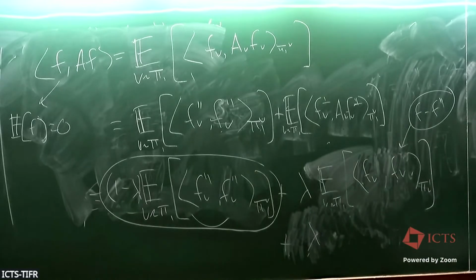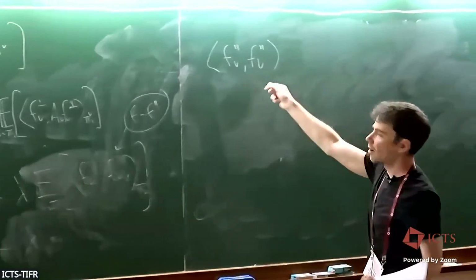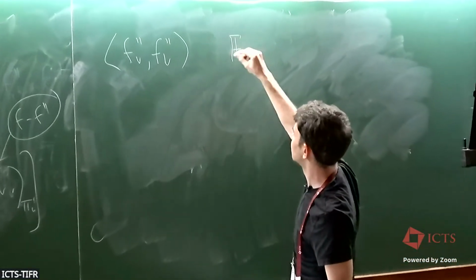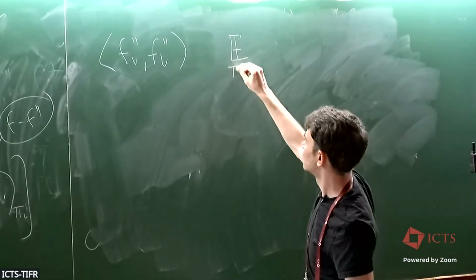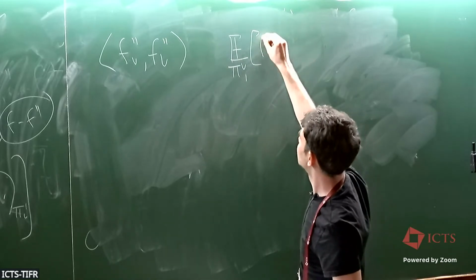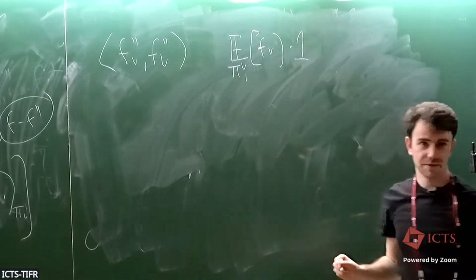So what is F_V parallel? Remember how F_V parallel is defined. This is just the expectation over the local neighborhood, over the link of V, of F times the all ones vector.